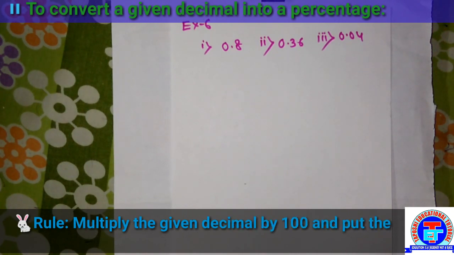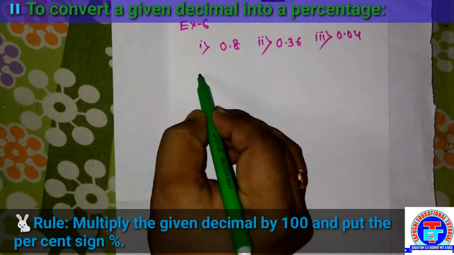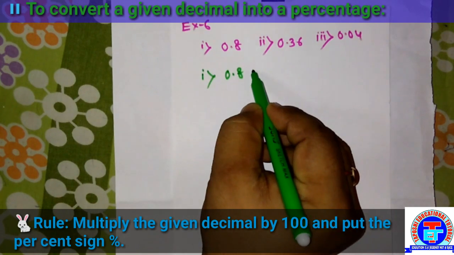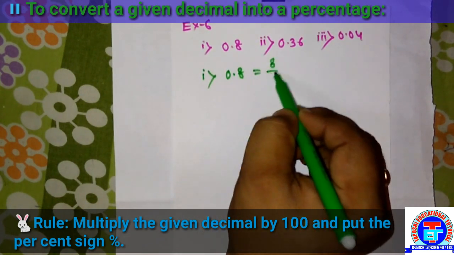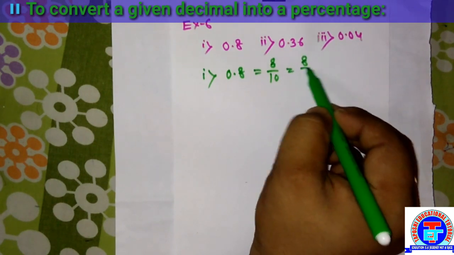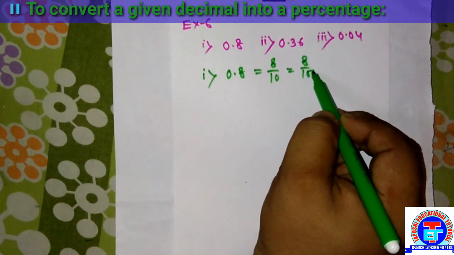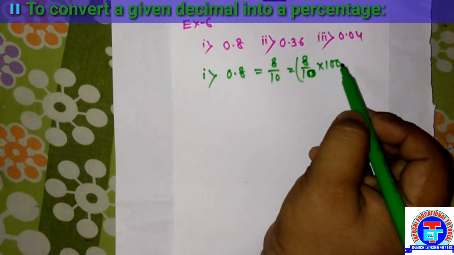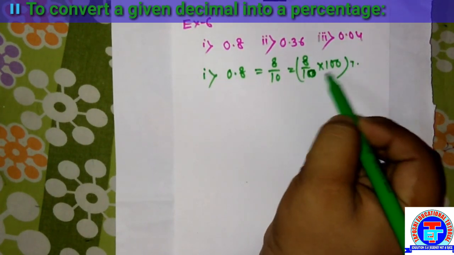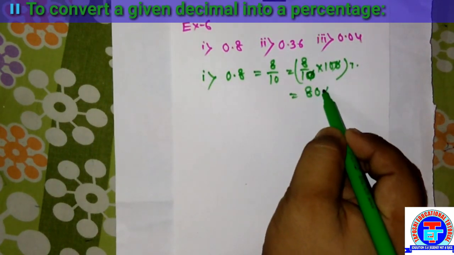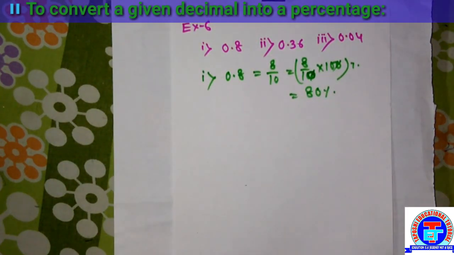Problem number 1, we have 0.8. We can write this as 8/10 into 100, right? This is the percentage. Now 0 cancels, it will become 80 percentage, right?